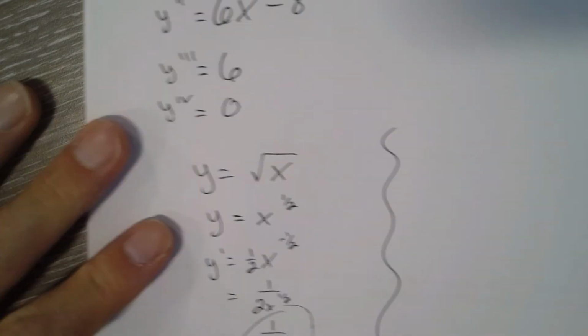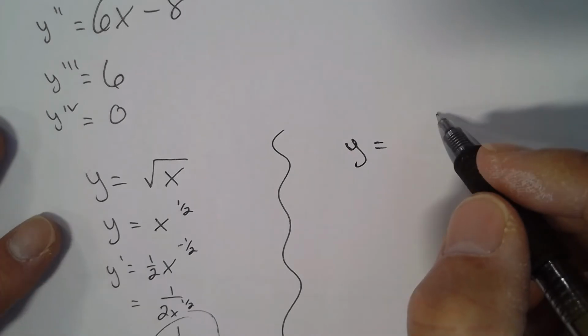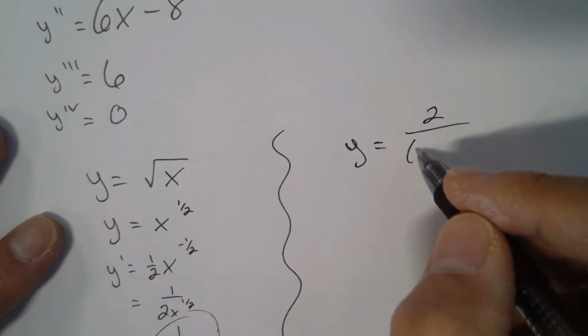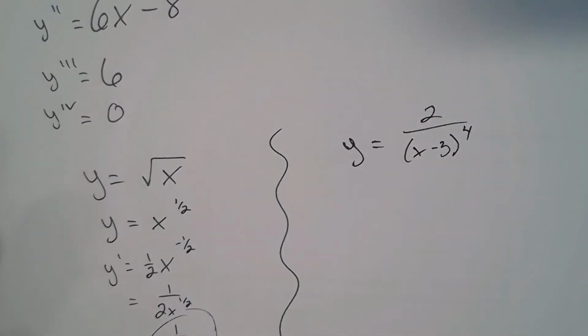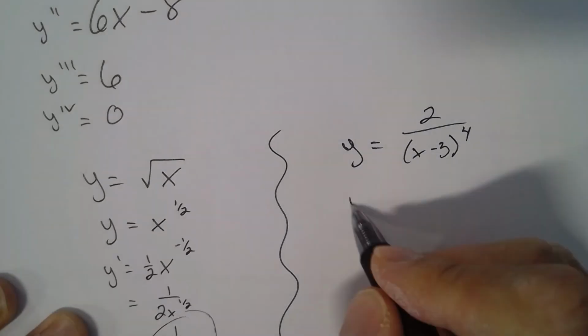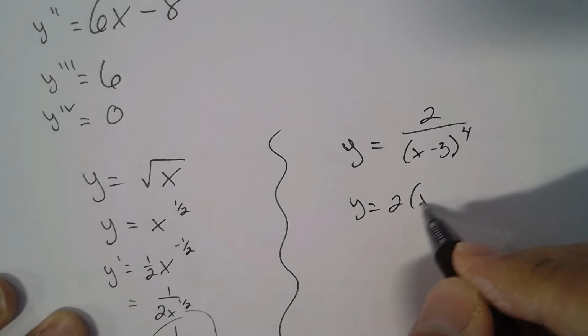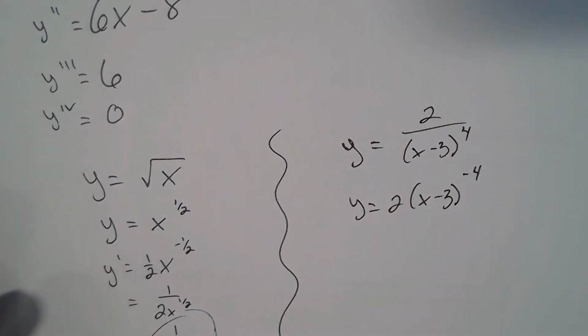Good questions. Okay, so another example, I might have something like 2 over (x minus 3) to the 4th. We can use the power rule here as long as we manipulate what we have. Okay, so we're going to move it to the top. So it's now 2(x minus 3) to the negative 4th.